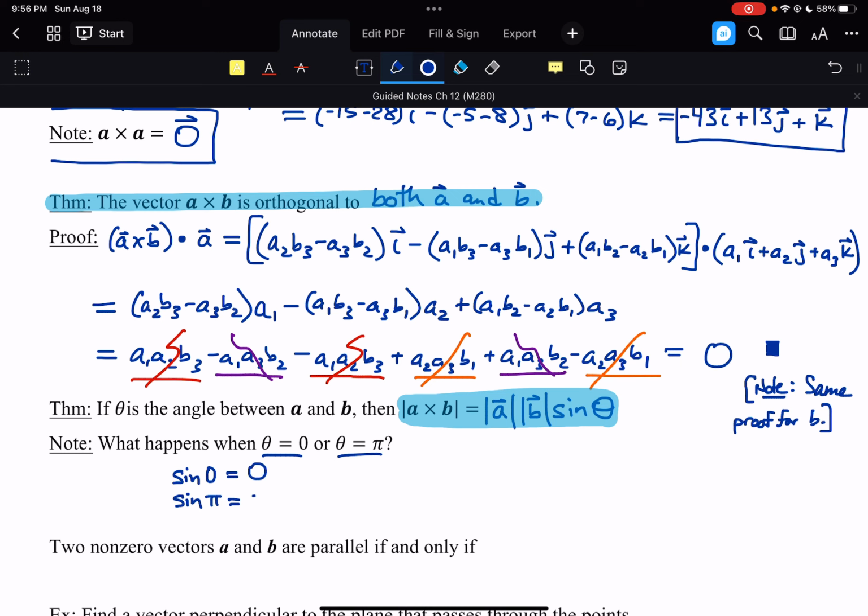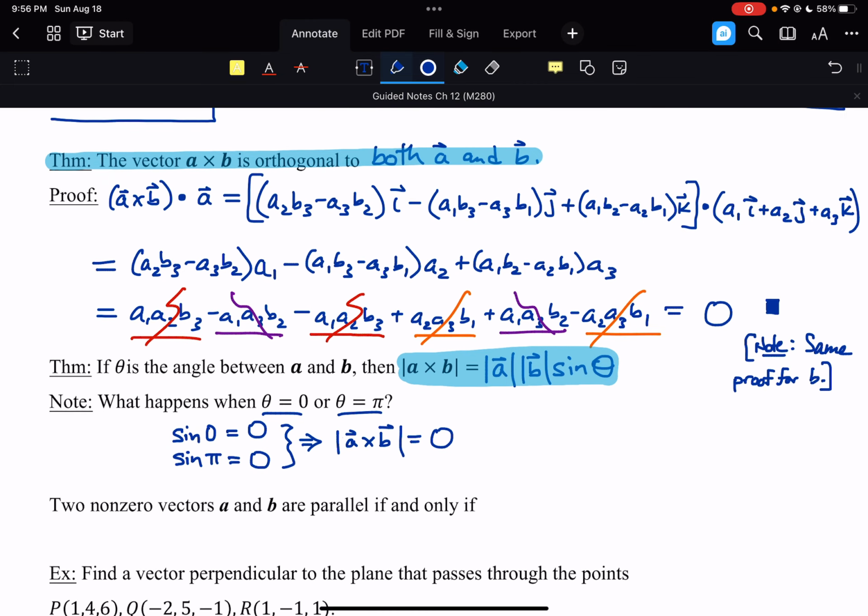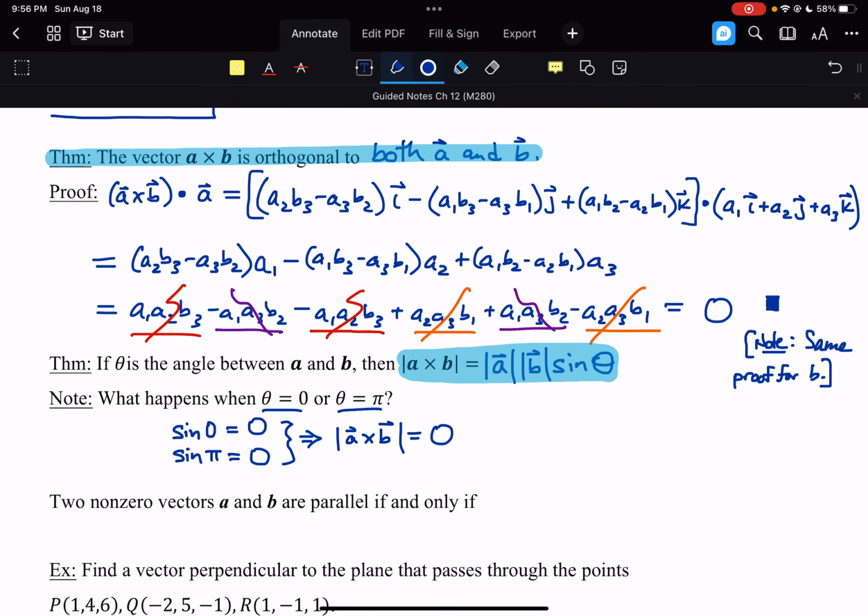Sine of pi is also 0, which means that if the sine of theta is 0, it doesn't matter what A and B lengths are. That tells us that the length of A cross B has to be 0. And there is only one vector that has a length of 0, and that is the 0 vector.